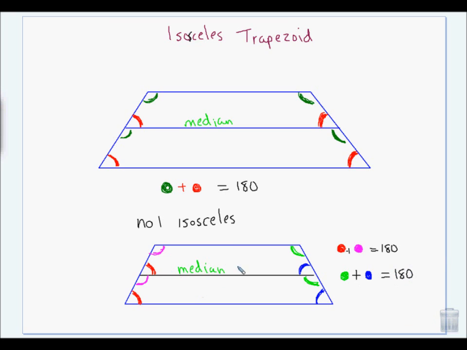But I don't have any way to know what red and blue or pink and green would be. If I cross the sides, there's nothing that tells me that these would equal 180 or anything like that. It's only on the same side. Does that make sense? All right, so everybody has this?